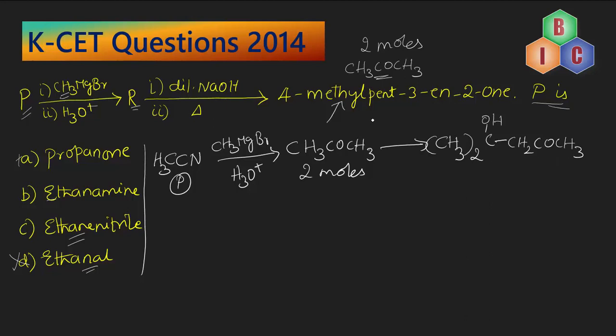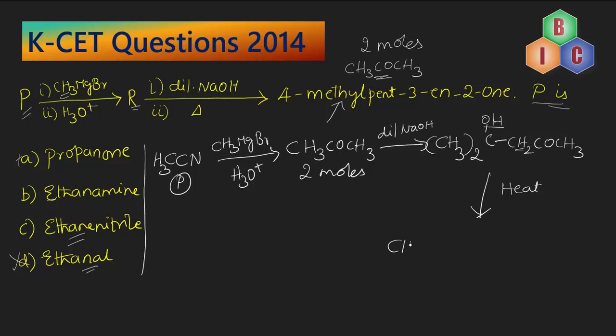And this we have obtained by treating it with dilute NaOH. So let us heat this compound. It will eliminate a molecule of water, OH from here and H from here.